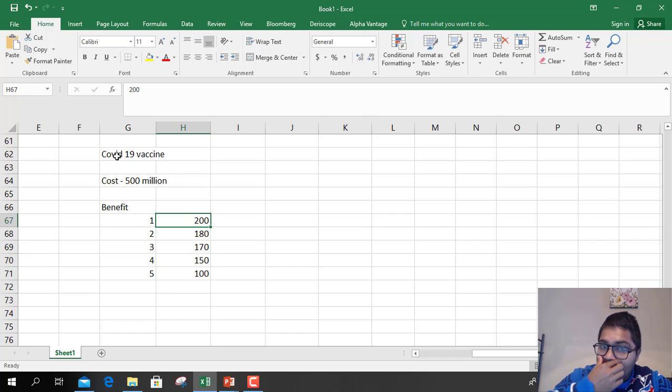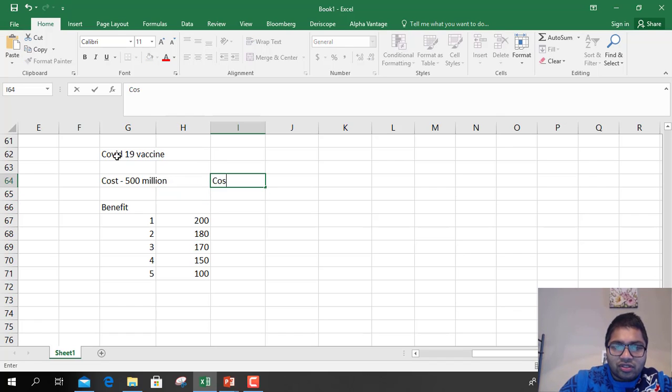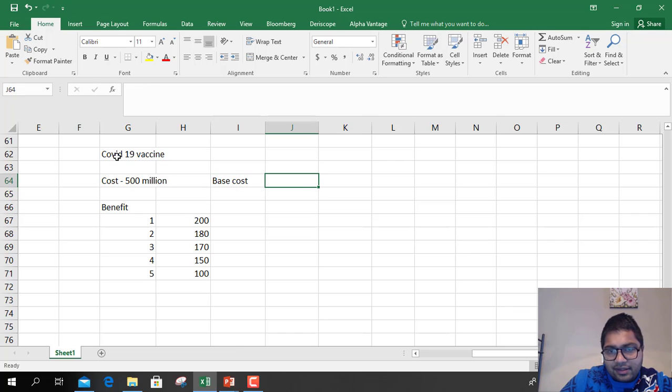Initially the benefit will be high. You can sell it at a higher price, but other vaccines will come in. So that will decrease the profit margins for you. So benefit will go down. So I want you to create a chart looking at different costs of financing. So the base cost of financing we are looking at is, let's say, 13%.